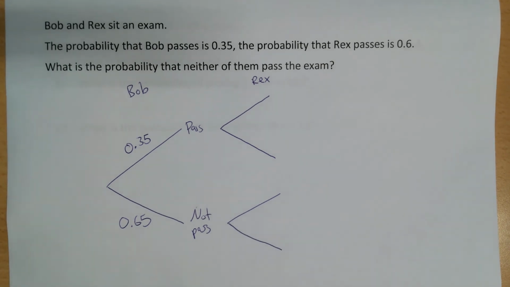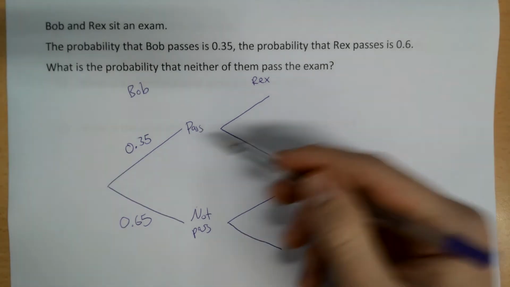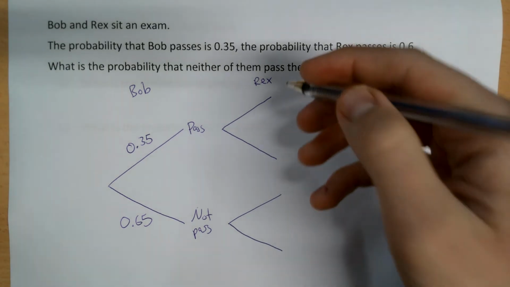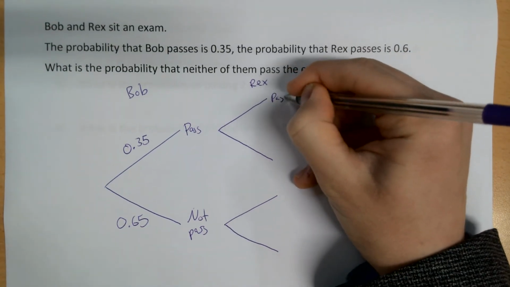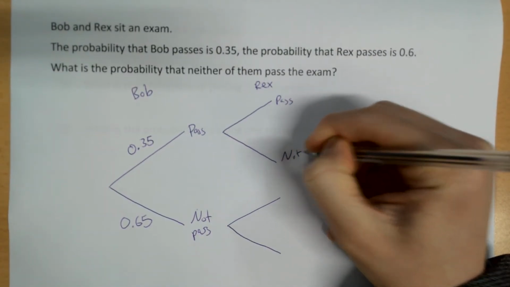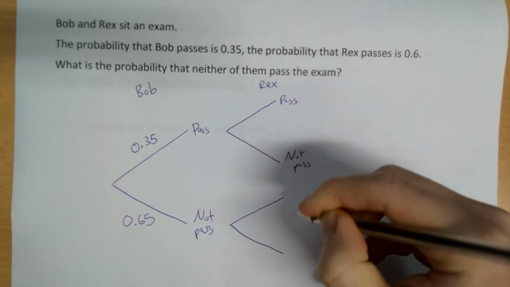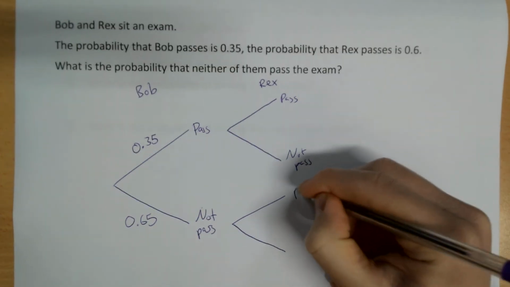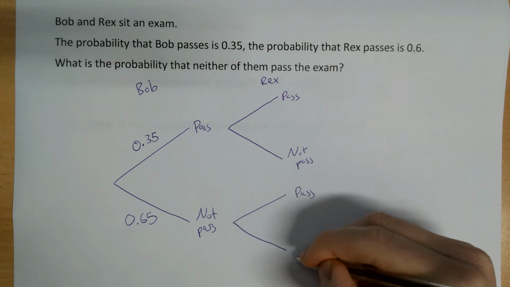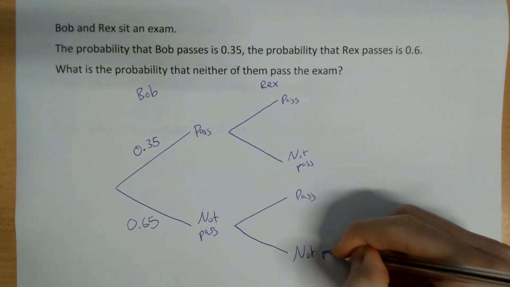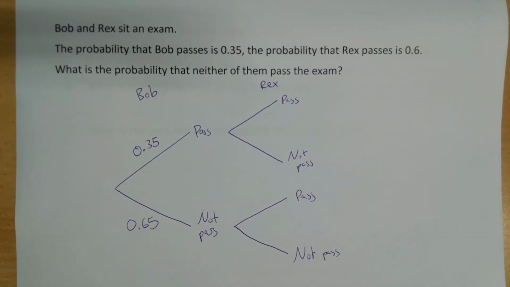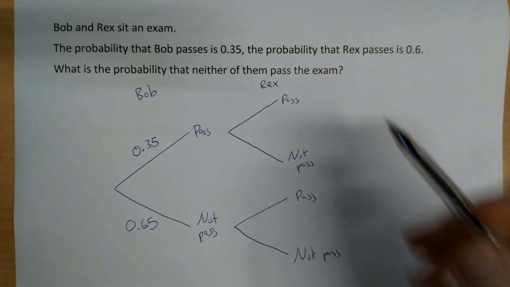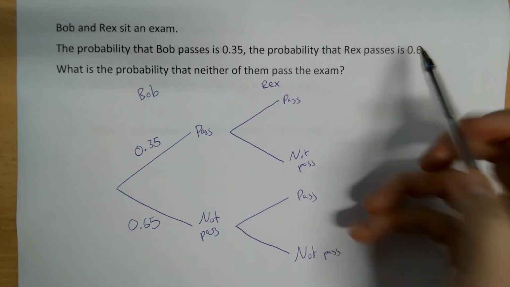And then we've got Rex's exam. Whether Bob passes or not, Rex's exam could be a pass or a not pass. The question told us that the probability that Rex passes is 0.6.